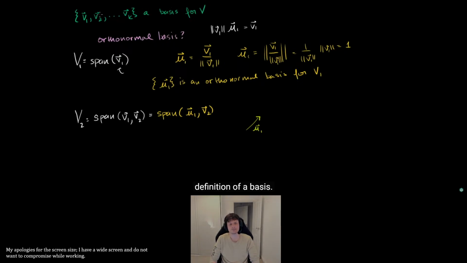That's by definition of a basis. So you can't represent v2 as a linear combination of v1, and likewise you can't represent v2 as a linear combination of u1, because v1 is a linear combination of u1. So v1 is not going to be on the line spanned by u1. So I could actually draw that. The line spanned by u1 is just like this. This is the line spanned by u1.